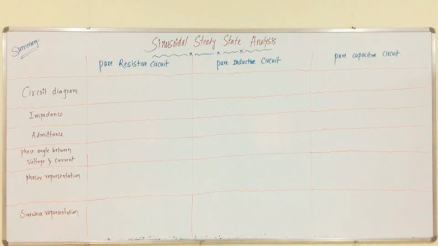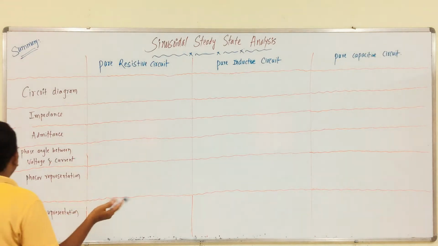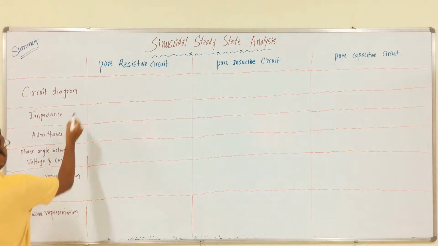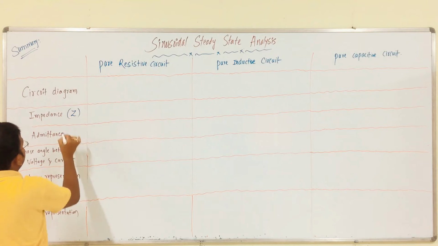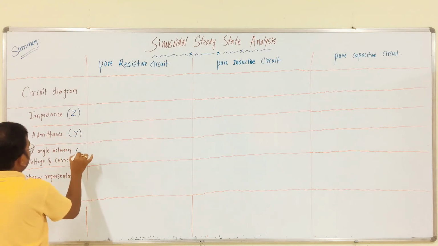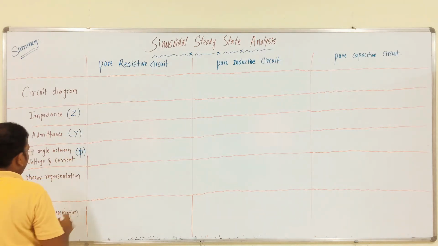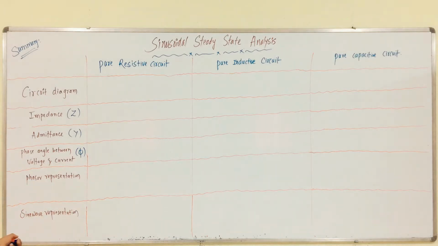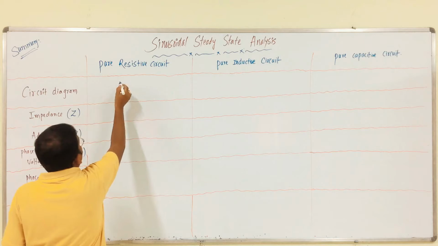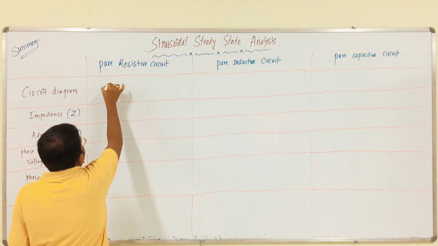Clear? Or did we miss anything? Circuit diagram, impedance, admittance, phase angle between voltage and current. This is Z, Y, phi, and this is phasor representation, sine wave representation. Clear? Okay. So, coming to pure resistive circuit, what is the circuit diagram?